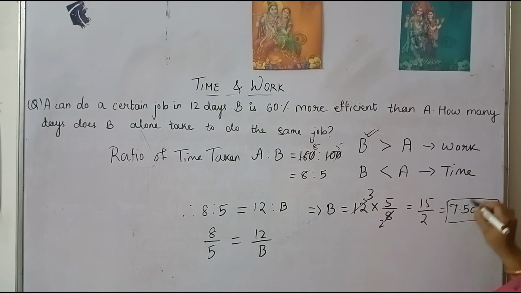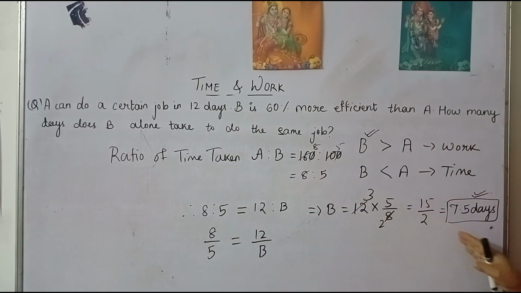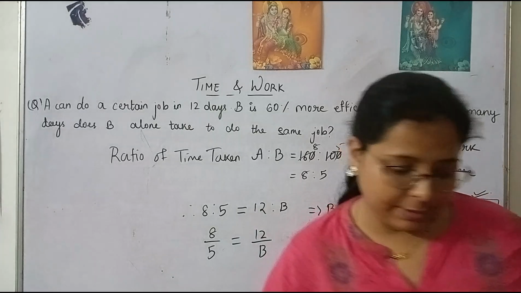So we get the answer. B will take 7.5 days and A will take 12 days to complete the work. Clear?